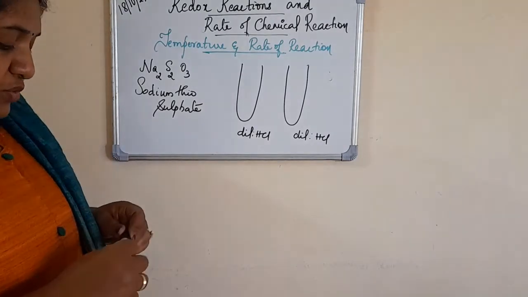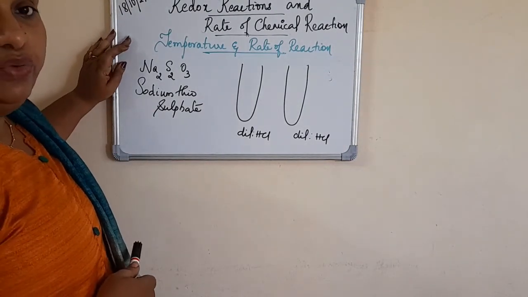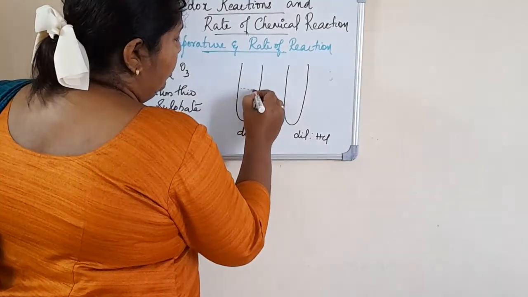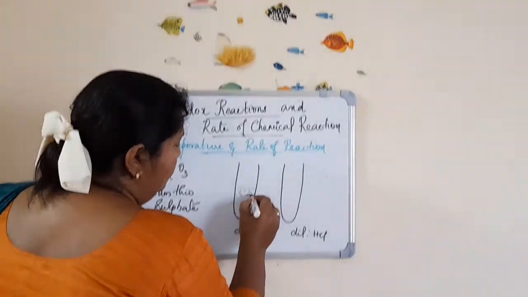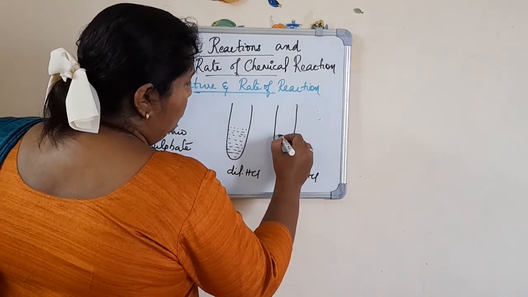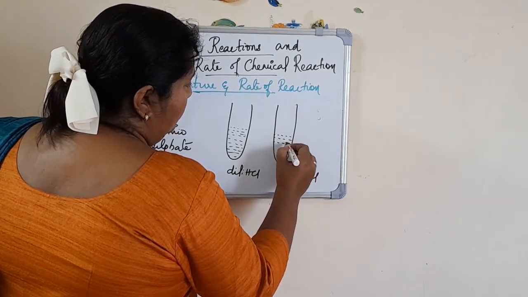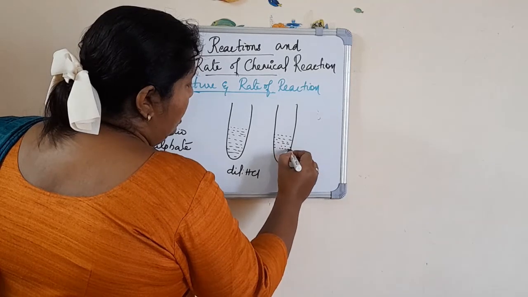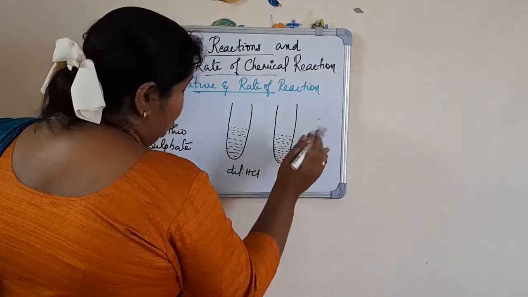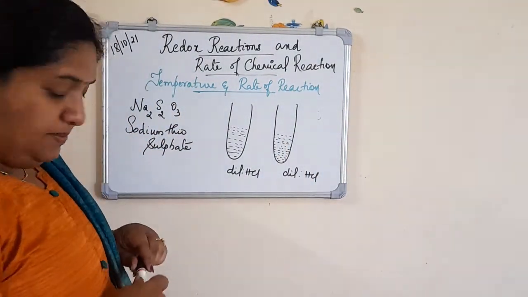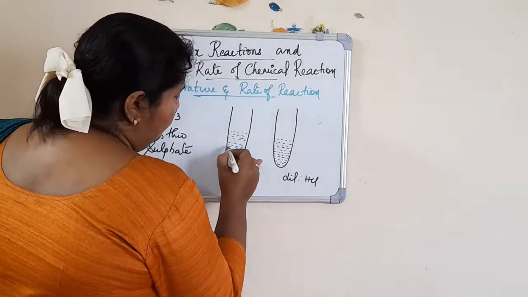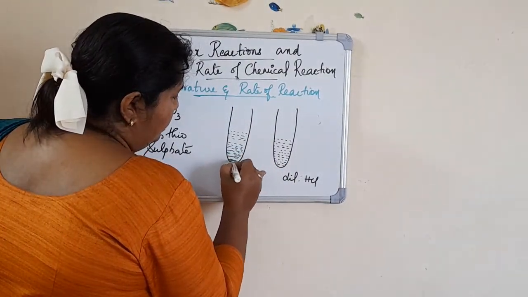First I am preparing a solution of sodium thiosulfate, and I am adding it to both the test tubes, not beakers. And to that I am adding an equal volume of dilute HCl.